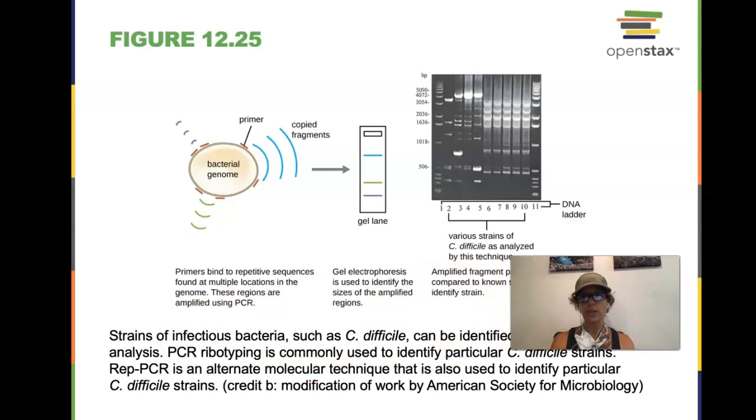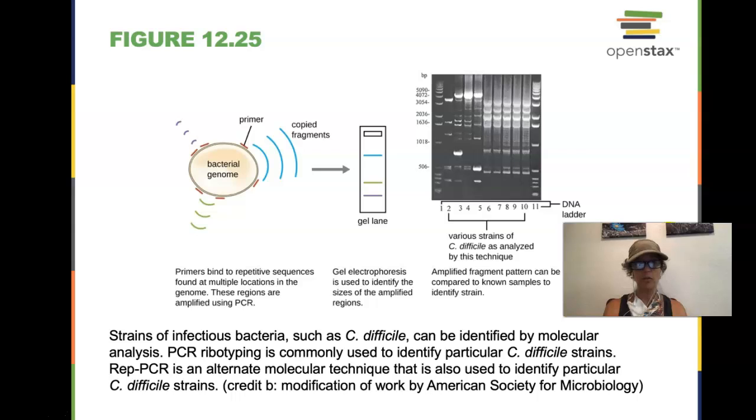Another way to identify them can be with ribotyping. And when we look at the gel, this is what an actual ribotyping gel can look like. We look at the DNA ladders so that we know what the sizes are and we can compare the different strains.